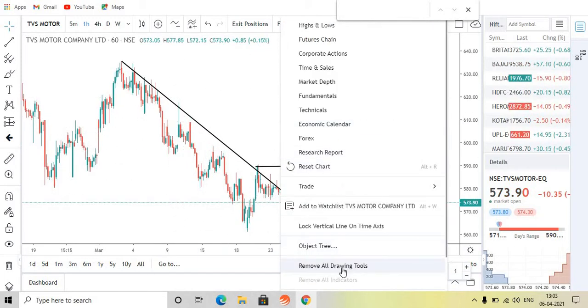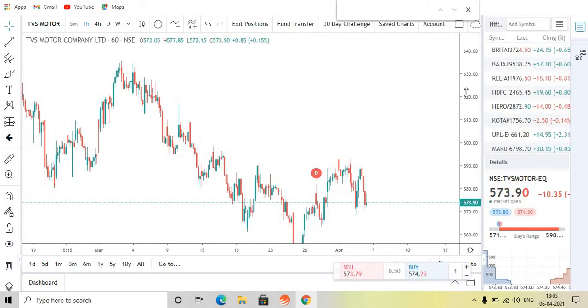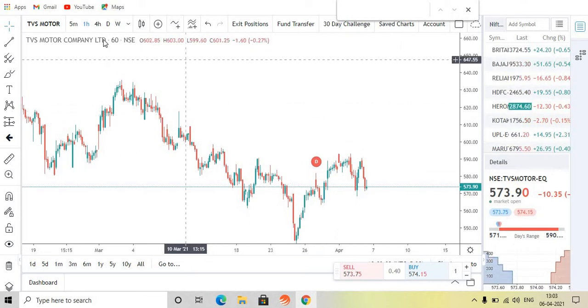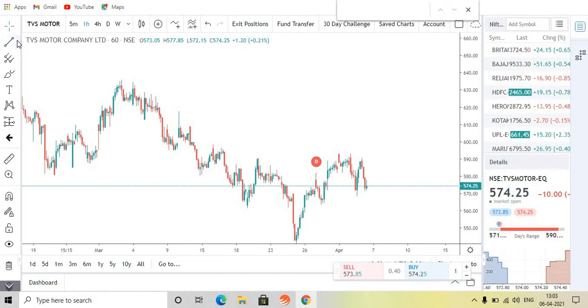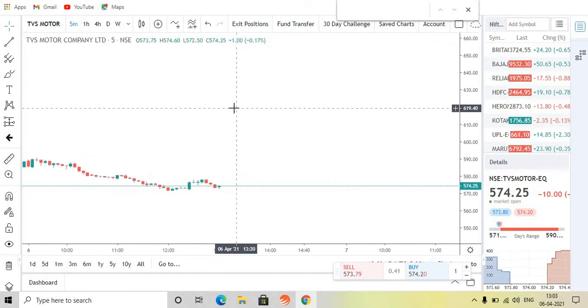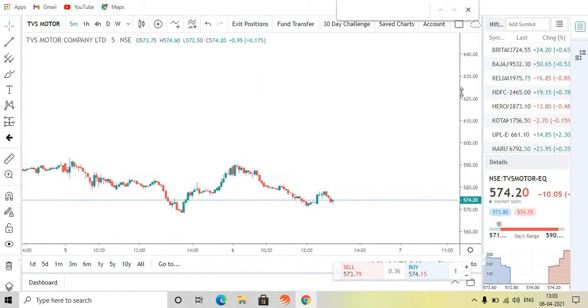So what you have to do is just add two indicators to find out how the market is trending, which are very useful indicators for anyone to identify how the market is going right now.